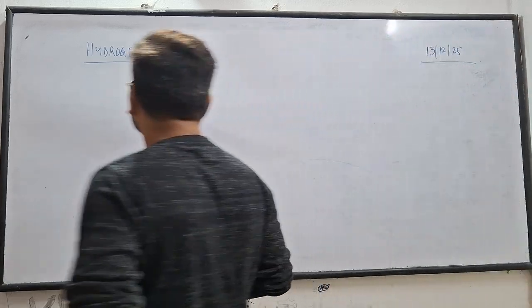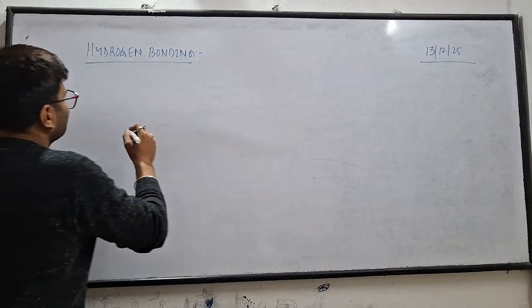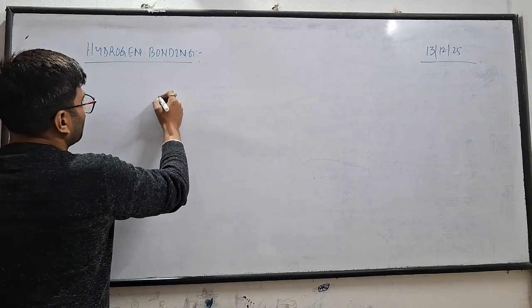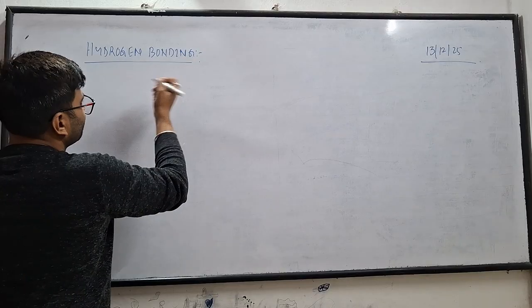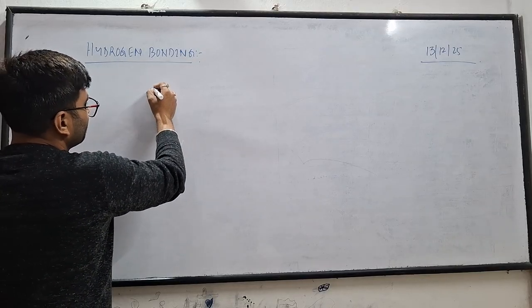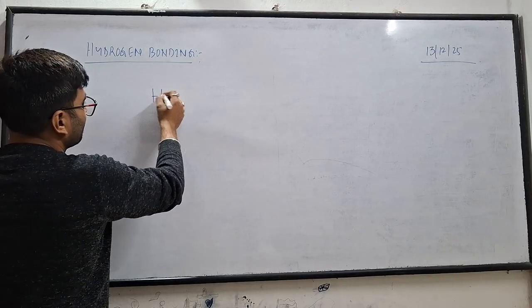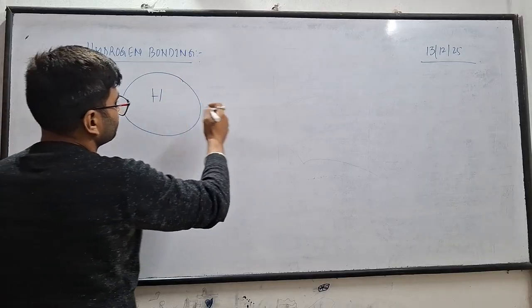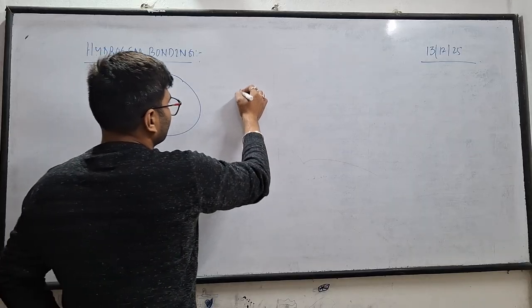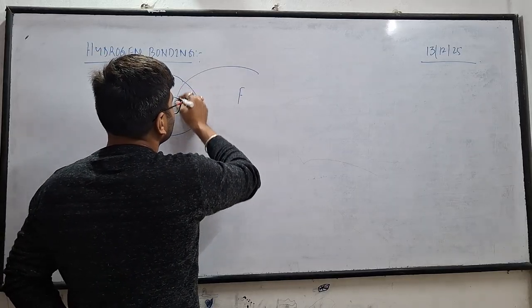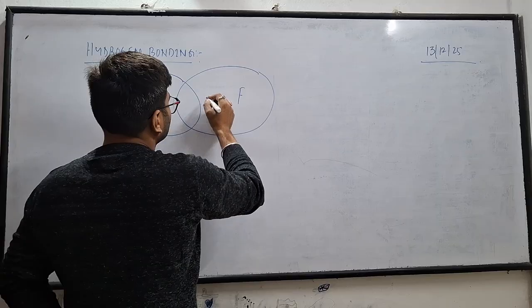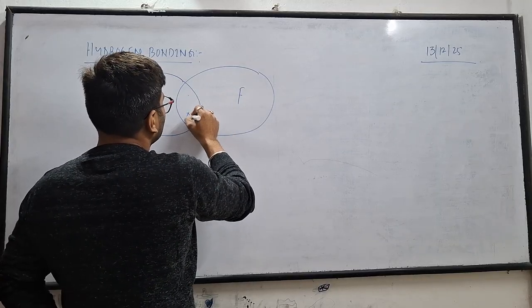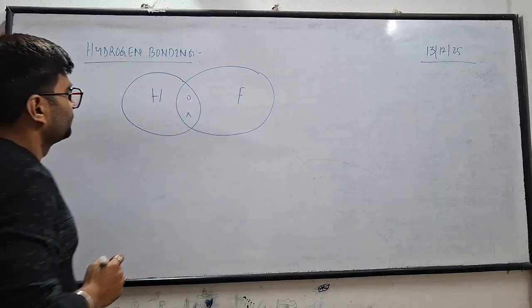So, before that, let me show you a small thing about the hydrogen fluorine bond. For example, here I have taken hydrogen, and here I have taken fluorine. One is hydrogen, one is fluorine.